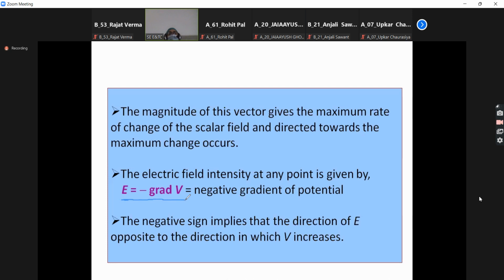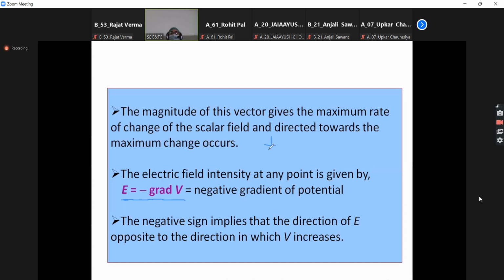E is equal to minus gradient of V. Minus sign indicates that direction of E is opposite to the direction in which V increases. Negative gradient of potential. Wherever the direction of the potential increases, the electric field is exactly opposite, so that negative sign is shown here.